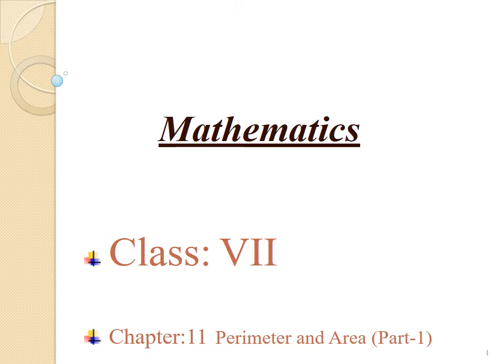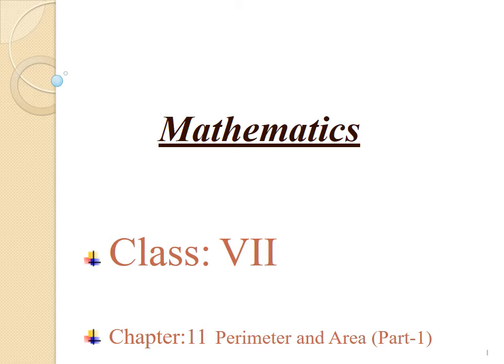Welcome to mathematics class. Students, today we are going to learn a new chapter, that is chapter number 11, perimeter and area. Students, in earlier classes, we have learned about the perimeter and area of a square and a rectangle.